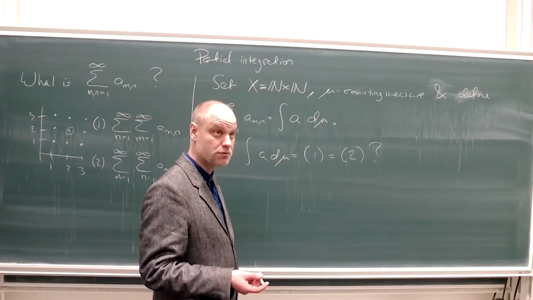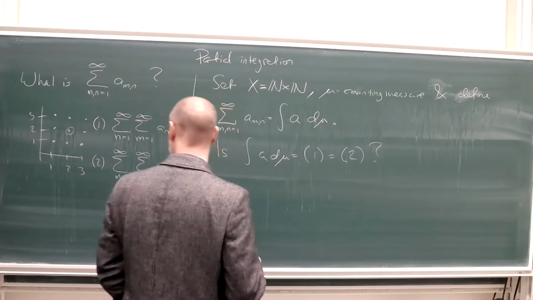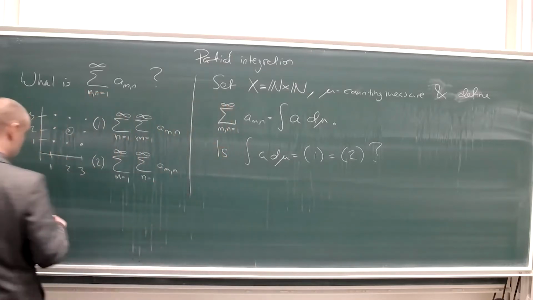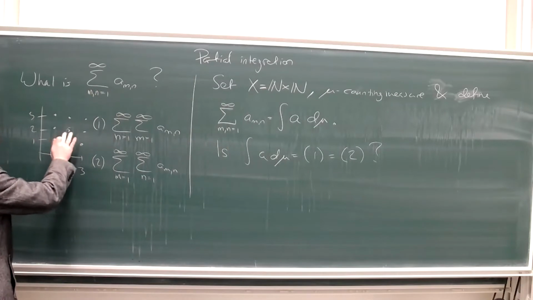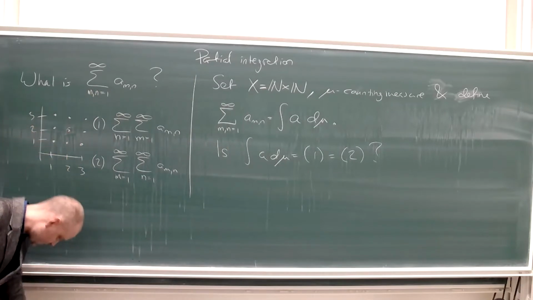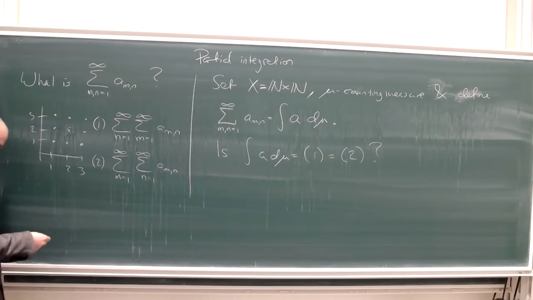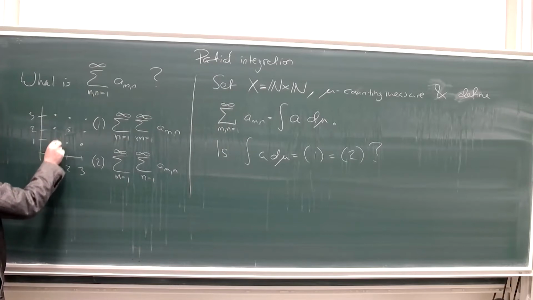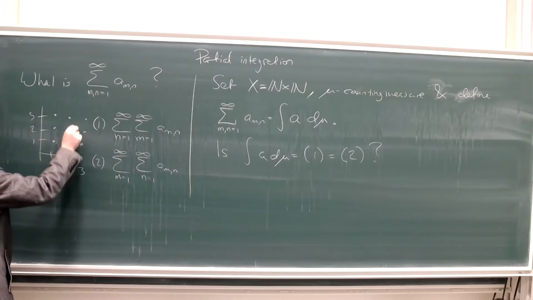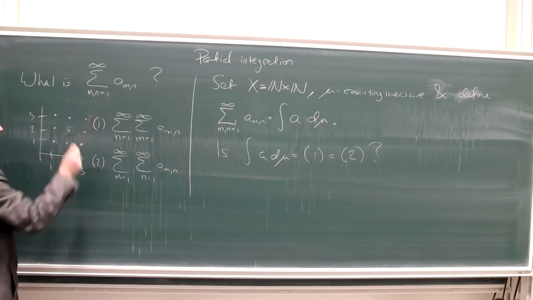Well, sometimes not, okay? So let's look at a very simple example. Let me write the sequence values next to the point. Here I have +1, +1, +1.